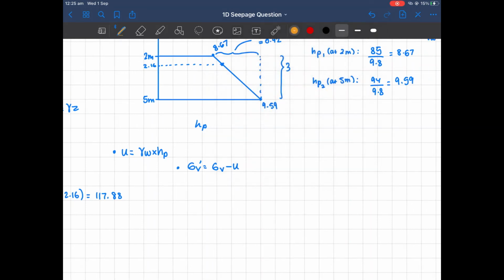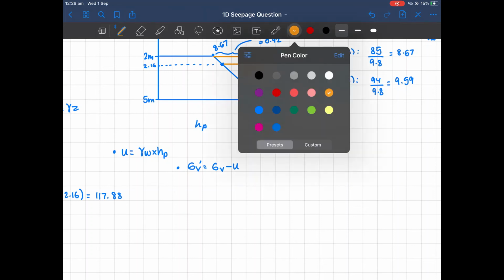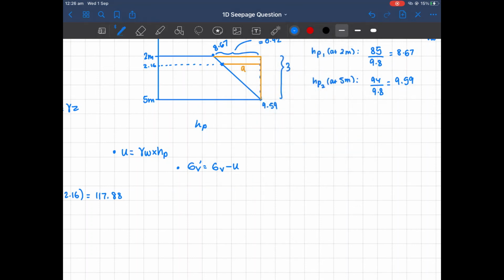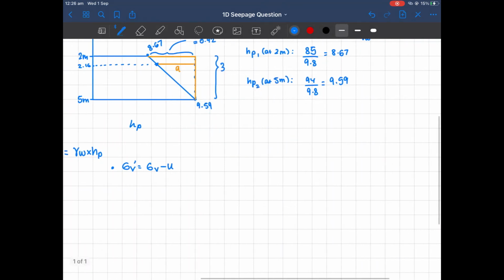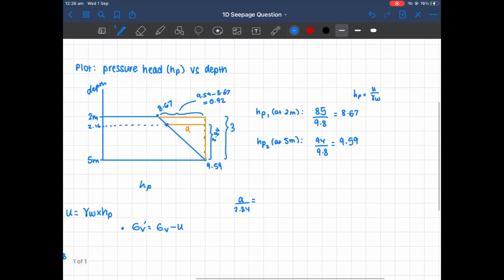Okay. Now let's call this section A. So, by similar triangles, and also note that this distance here is 2.84. Okay, so now it's just a matter of similar triangles. A over 2.84 is equal to this 0.92, this difference here, over 3.